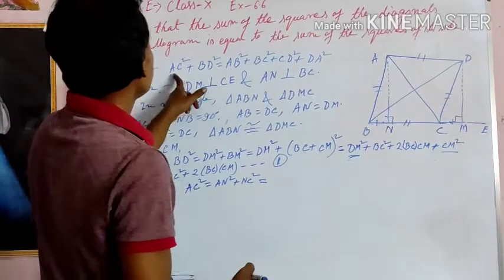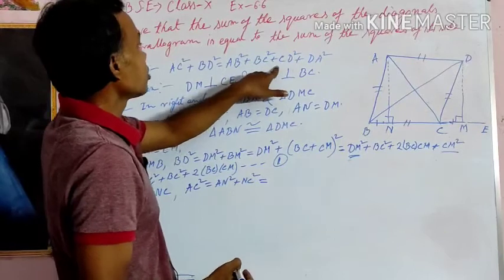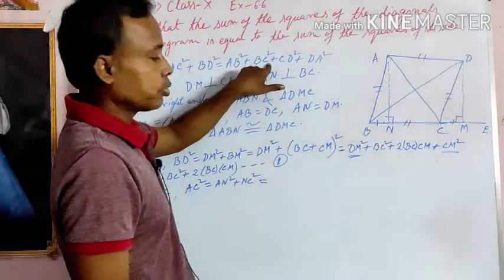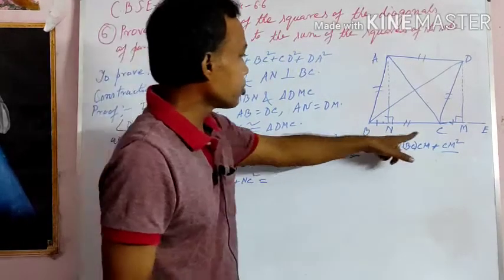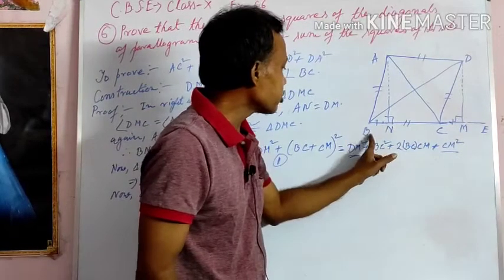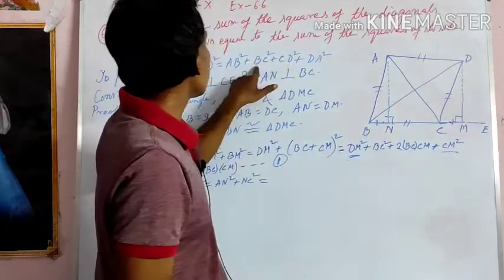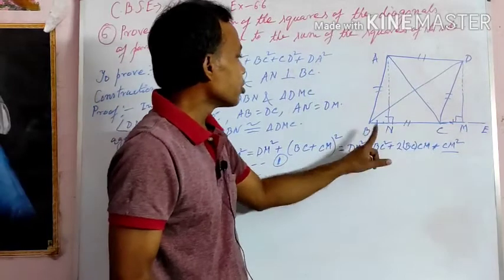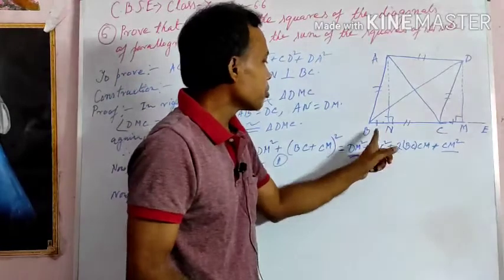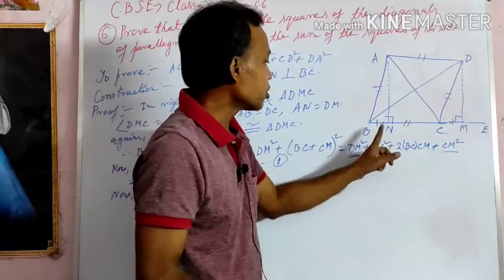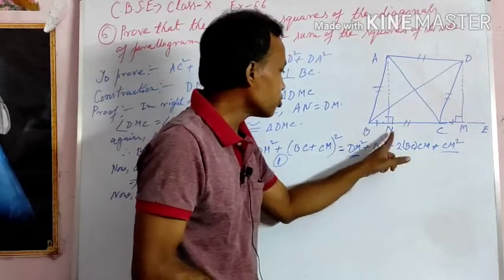There is no NC in the equation which you have to prove. So NC will be replaced by BC minus BN. BC is present here. That is why we will replace NC: in place of NC, we will write BC minus BN.